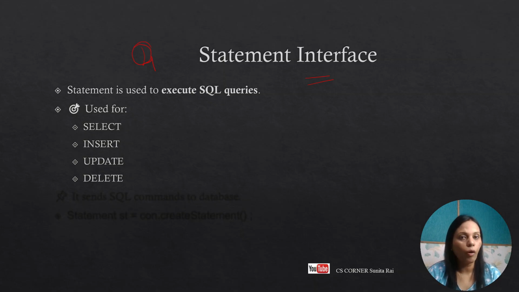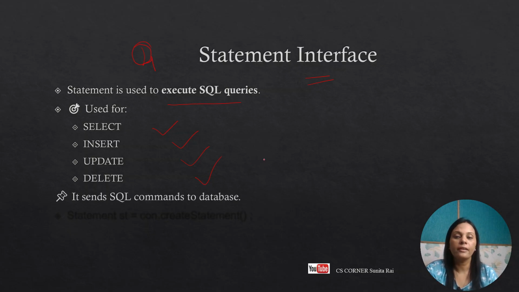The way we used DriverManager for creating an object of Connection, similarly, we will be creating an object of Statement through what? Connection. Okay, so using Statement, we can execute any queries, whether it is a select, insert, update, delete, whatever query you write in SQL, all queries you can execute through Java using this connection.